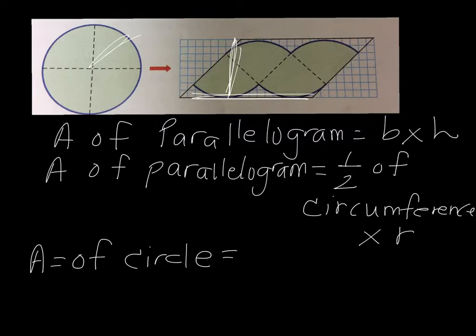Which means that if a parallelogram is equal to a circle, it means that the area of a parallelogram is going to be very similar to the area of a circle. So that means that area of a circle is half of circumference times radius.